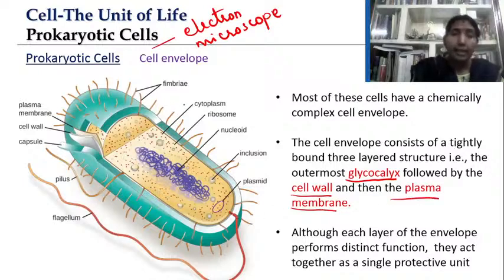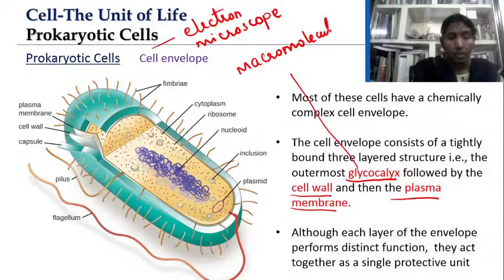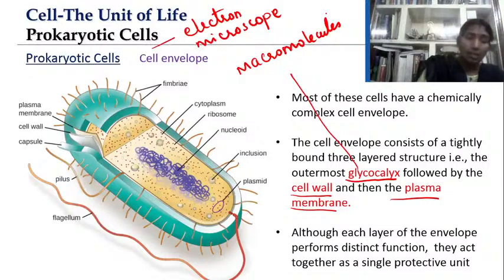The glycocalyx. The glycocalyx is made up of macromolecules. They form a very tough, somewhat sharply defined layer. Sometimes it can be a loose sheath called a slime layer. So the capsule and slime layer are made up of polysaccharides, and sometimes they may also contain proteins.